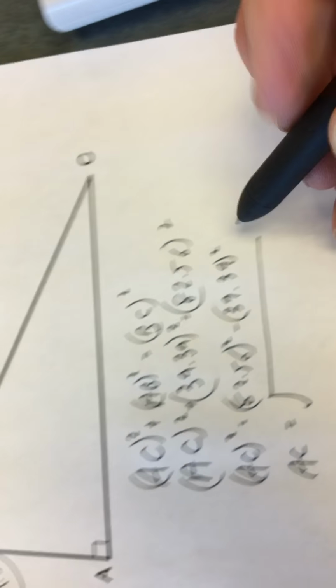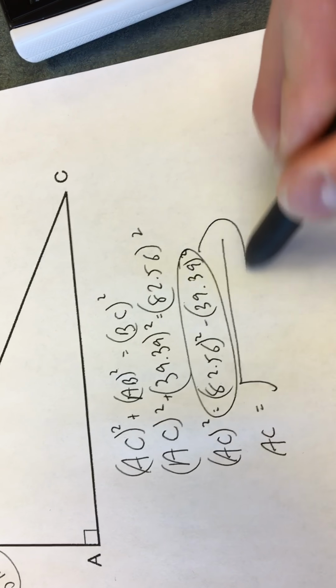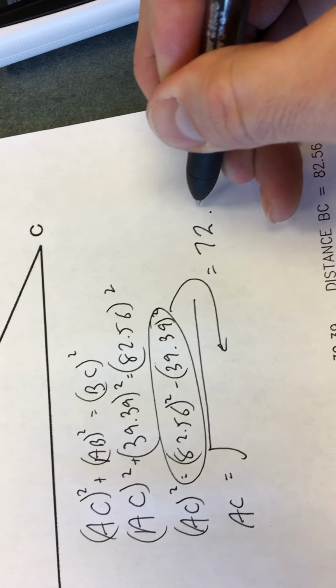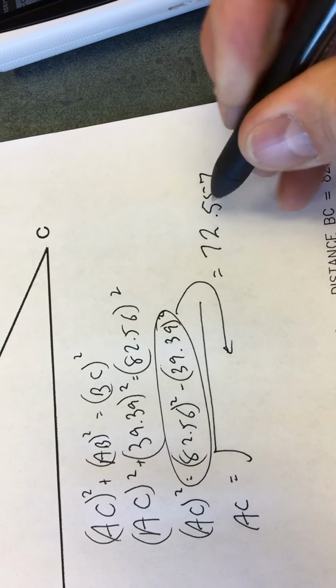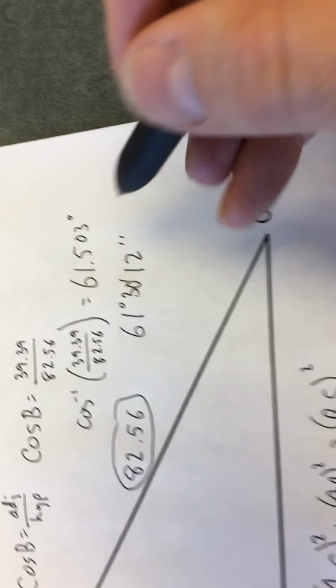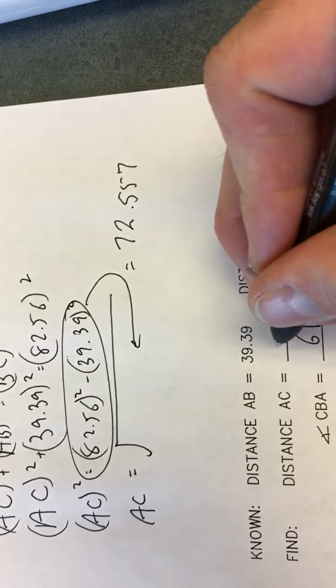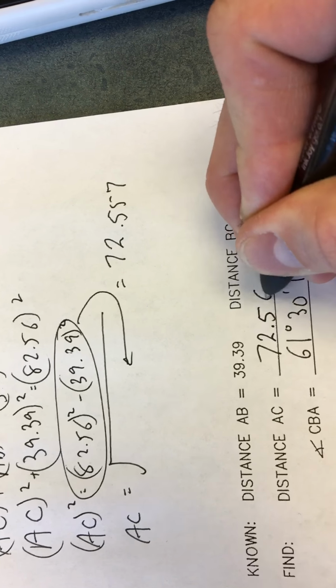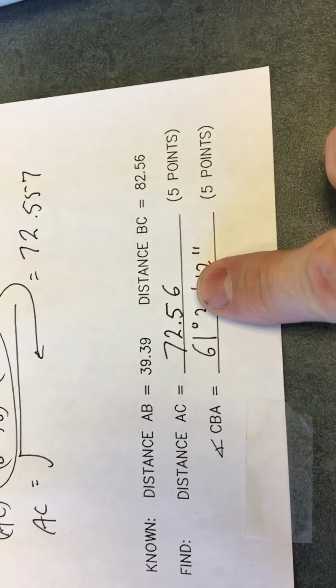So this whole entire thing right here went right here, and that equaled 72.557. But I'm going to round that to the nearest hundredth. So I'm going to call that 72.56. And now I have all 10 points.